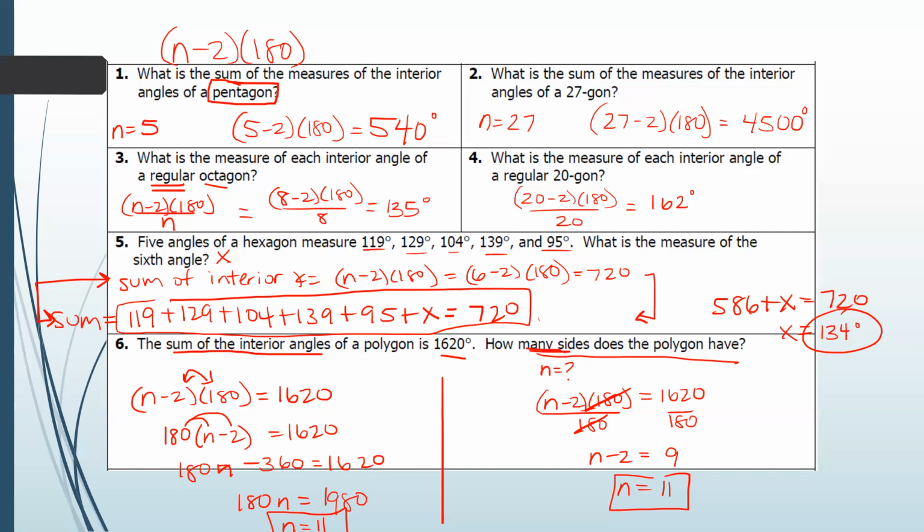There is a third option. I don't like to point this one out because I feel like it's cheating. Most of the time, I'm going to say 99% of the time, questions like this will be multiple choice. If they're multiple choice, you could literally take each of your options, plug them in for n, and see which one gets you the 1620.